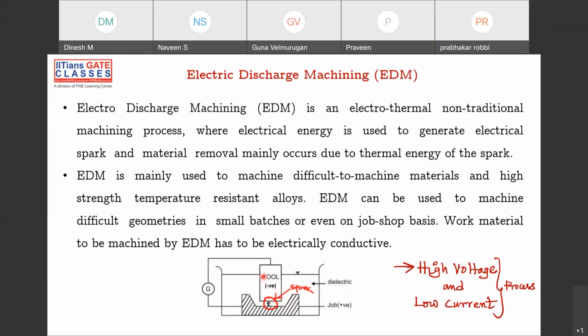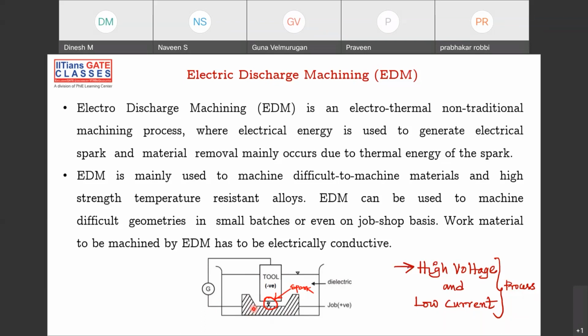Now you are submerging the tool and workpiece in dielectric, connecting them to the terminals and closing the circuit, and the current is passed. Please remember, in both electrochemical machining and electric discharge machining, your tool and workpiece have to be electrically conductive.